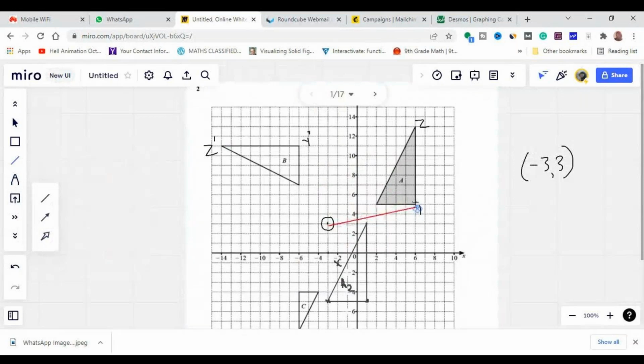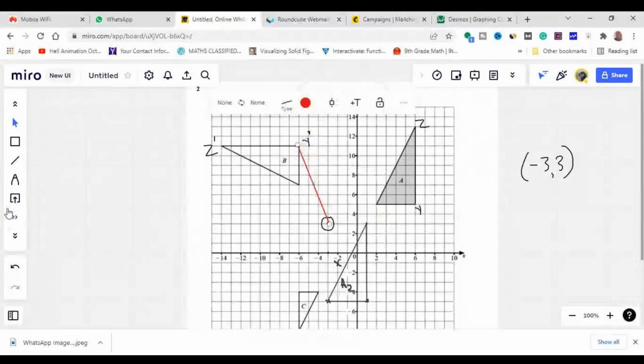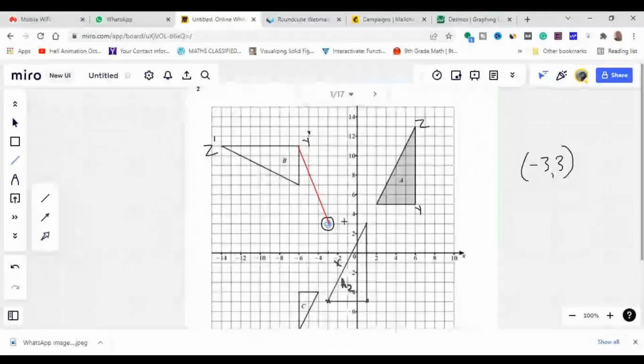Now you see, once you rotate this line at 90-degree anti-clockwise, it is getting mapped at y prime. Are you getting me? Isn't it this 90 degrees anti-clockwise?